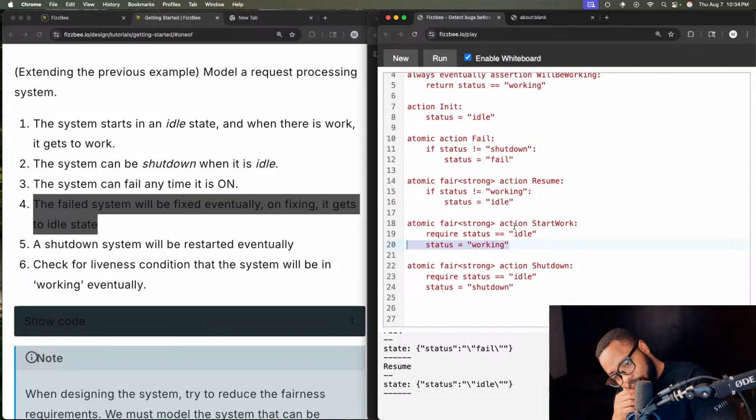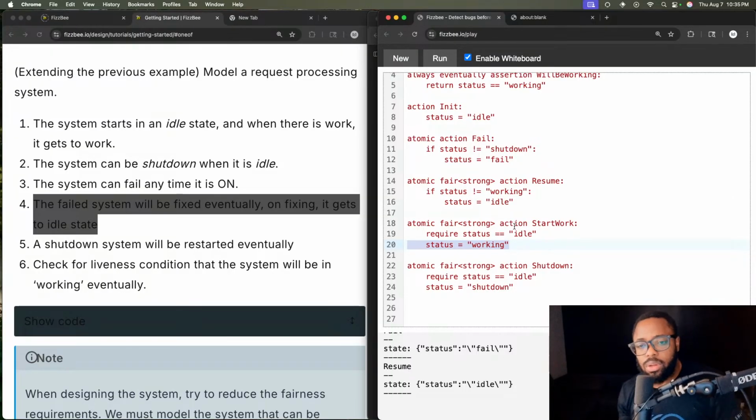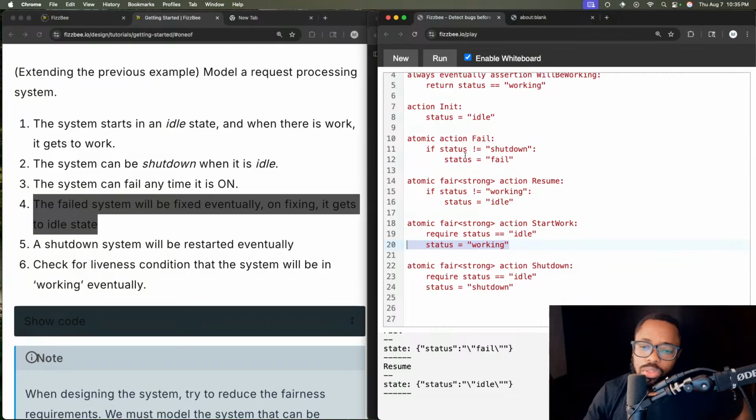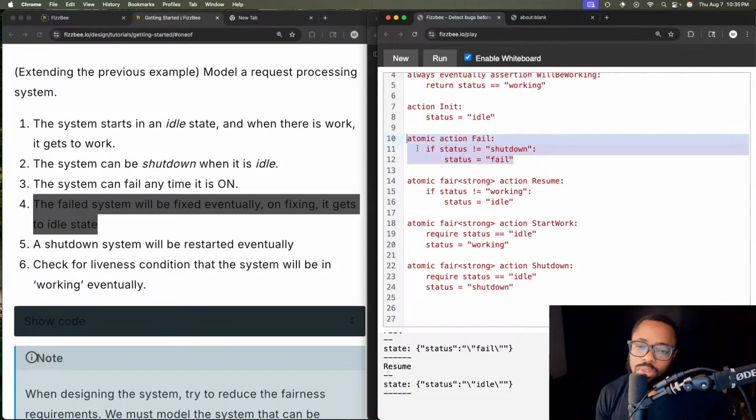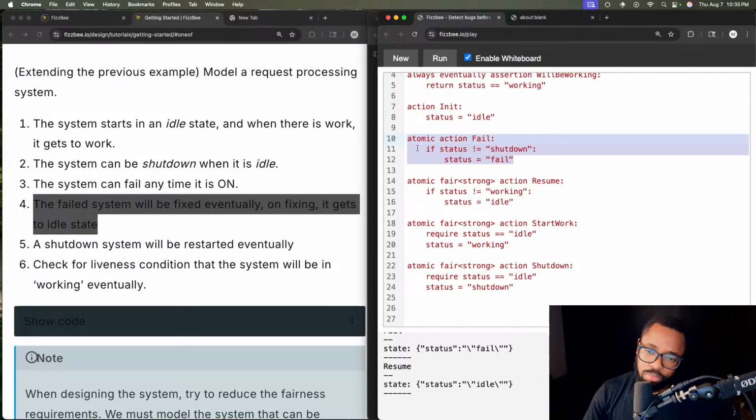Like once you get to working here, there's nothing forcing you back to, well, there's this action here which you can take. There's no fairness to it, but it's still an action that can be taken.